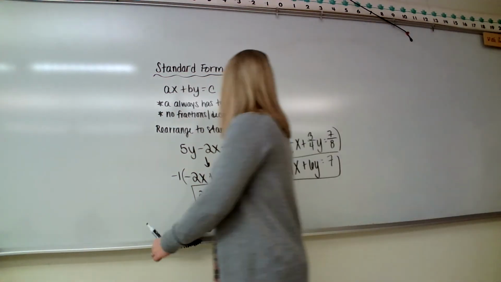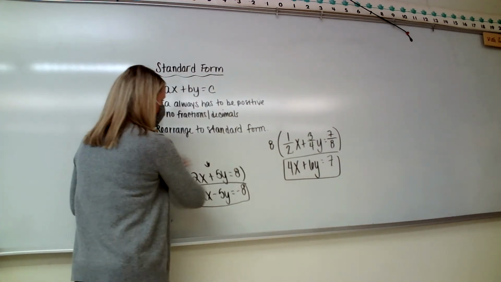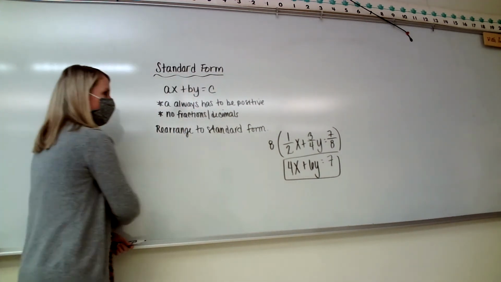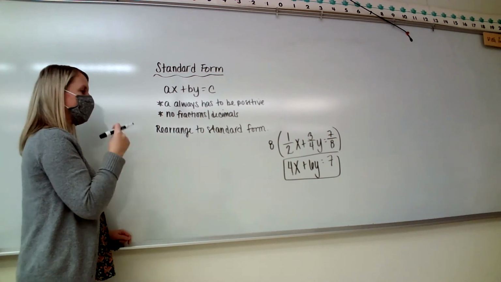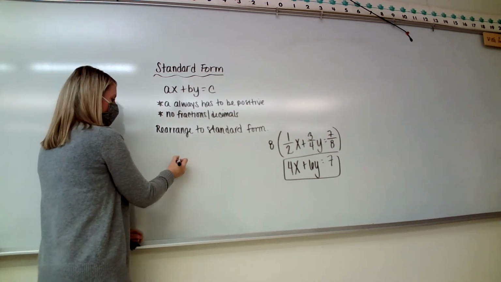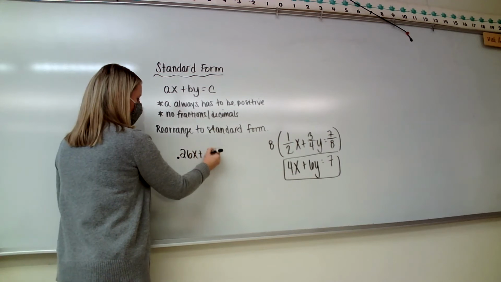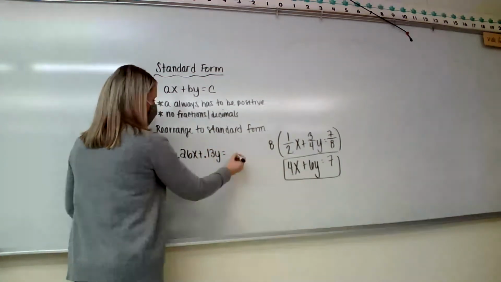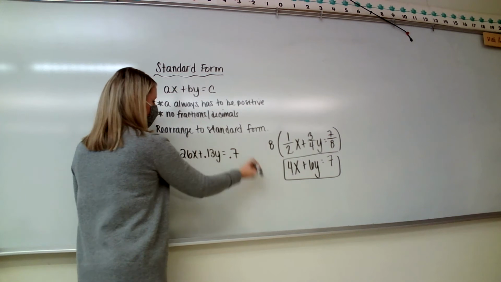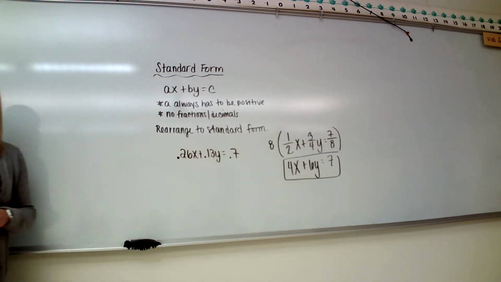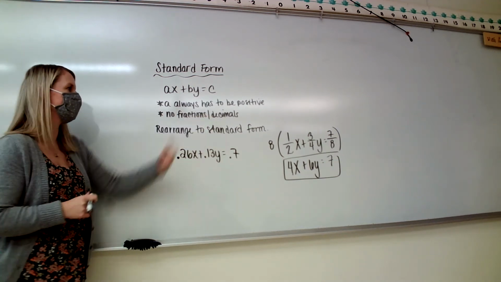All right, now I just want to show you a decimal one. Let's do 0.26x plus 0.13y equals 0.7. So in this case, we're saying, oh, that goes against the no decimal rule.